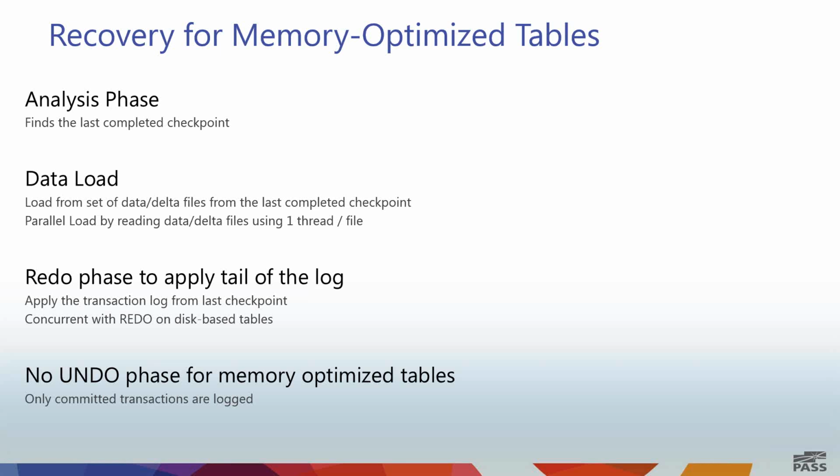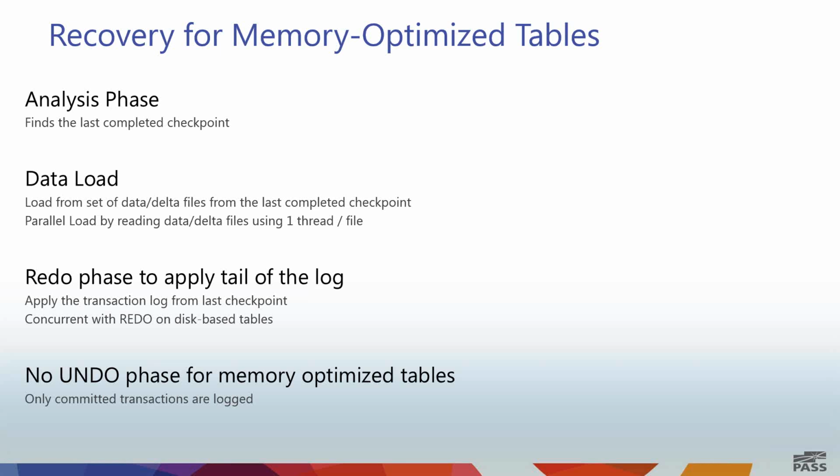Each core loads in parallel, and the more I/O devices you spread your files over, the more gain you will get. Then there's a redo phase. After the data from data files is loaded to memory up to the last completed checkpoint, we do redo to apply the tail of the log from the last checkpoint. This happens concurrent with redo on all your disk-based tables. And there's no undo phase because only committed transactions are logged, so there's no need to worry about that.